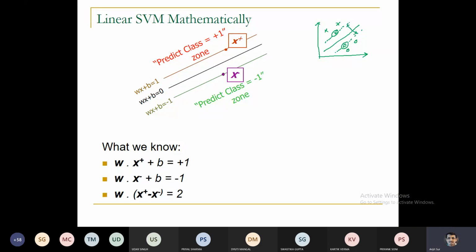These points are called support vectors.